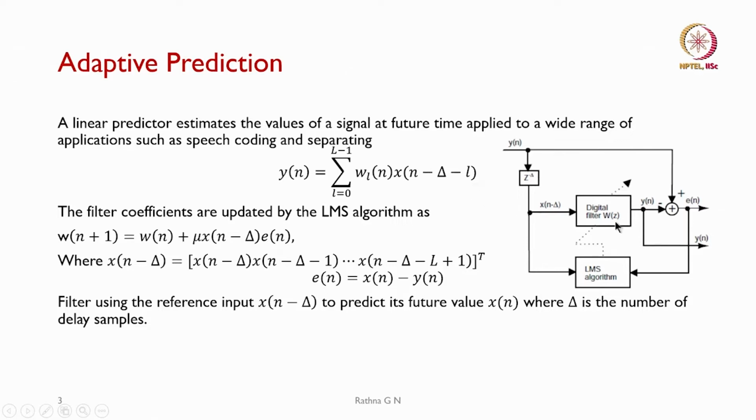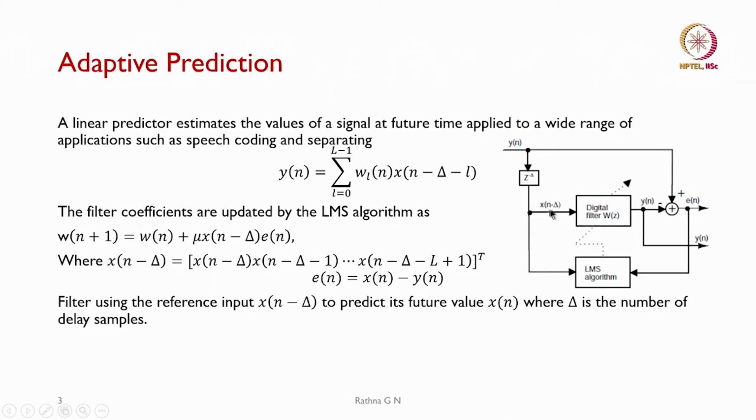According to the figure, there is a delay of the signal which is fed into the system to find out the error of the function. So y of n is taken out here, and then we have the LMS algorithm which is going to decide our weights on the system.